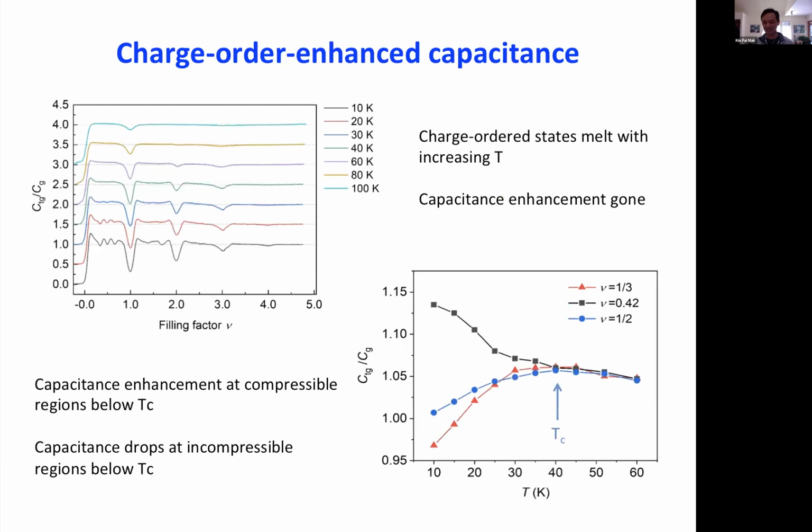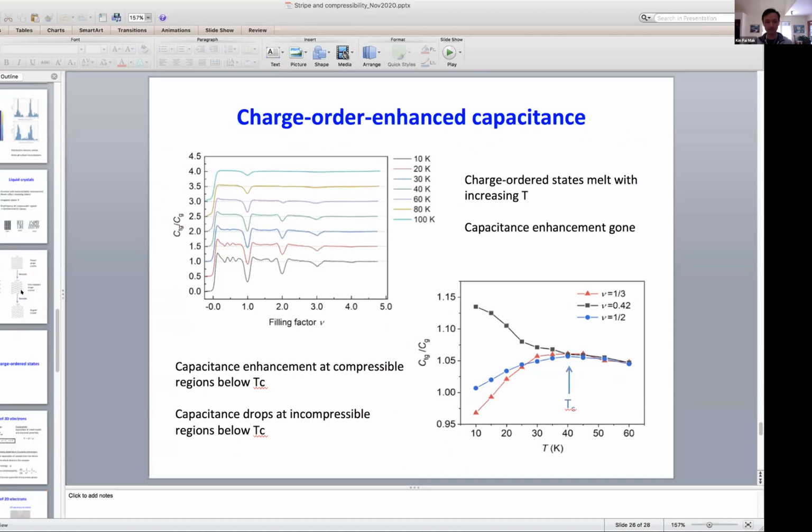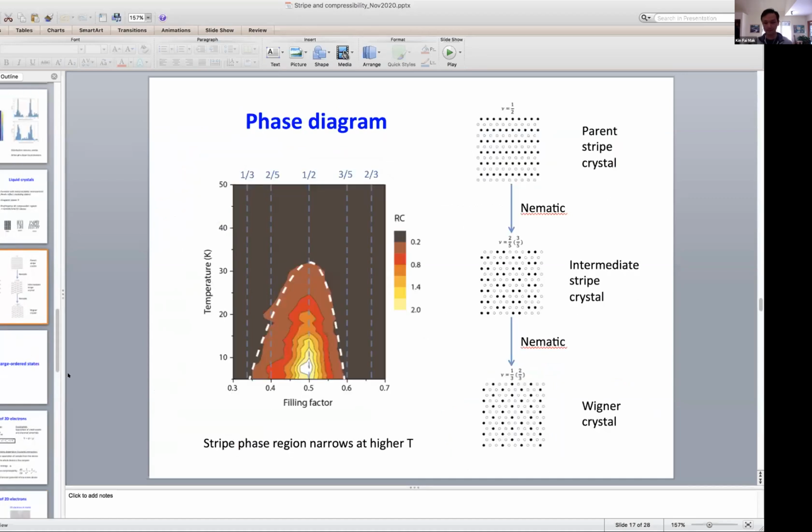So the transition temperature into the nematic phase that you optically detect at filling half in your dome, right? The tip of the dashed line, how does that compare to where you first detect the stripe phase? I'm asking whether there is a separation in T_C between the nematic and stripe.